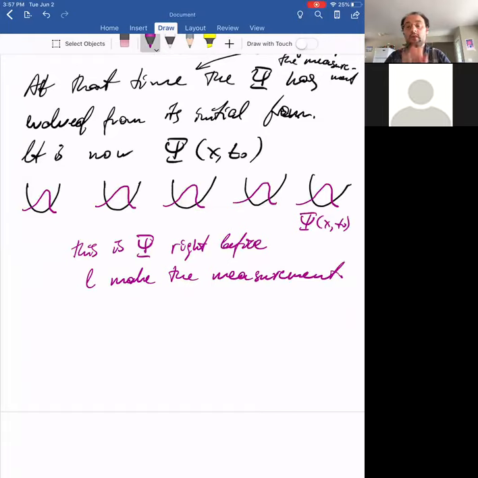So between preparation and the measurement, the wave function evolves in accordance to the Schrodinger's equation. That's the quantum dynamics. In classical mechanics, we have a different way of describing a state of a particle. We describe it by its position and momentum. Between the preparation and some time t, position and momentum evolve according to Newton's equations, okay?